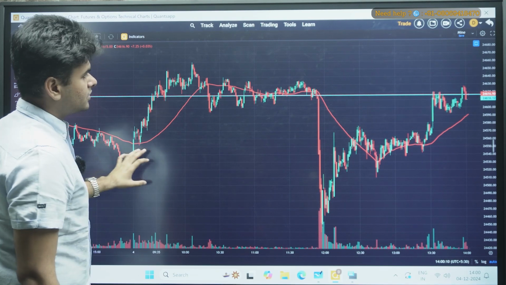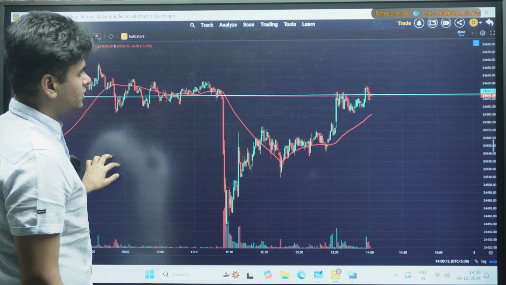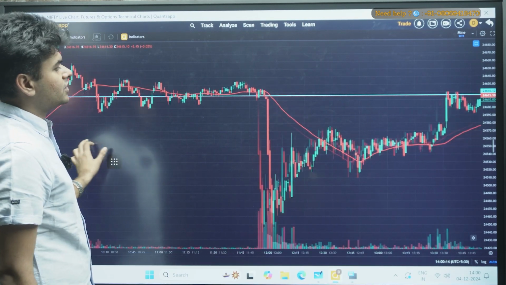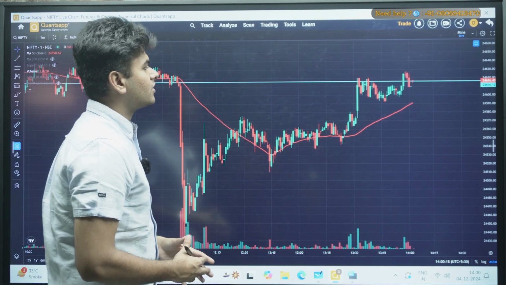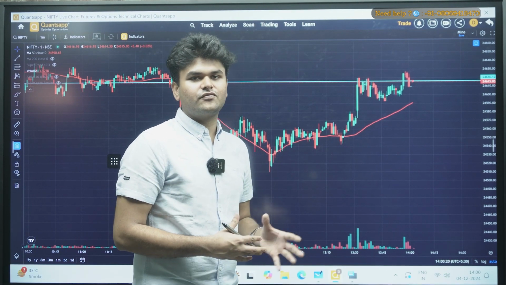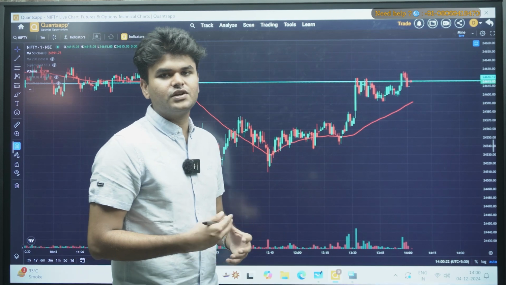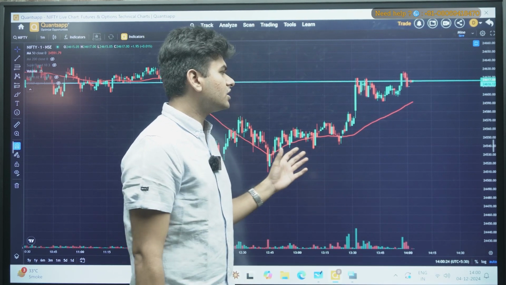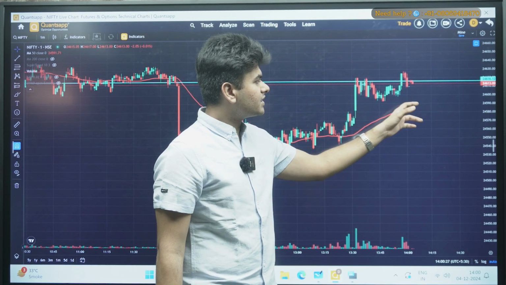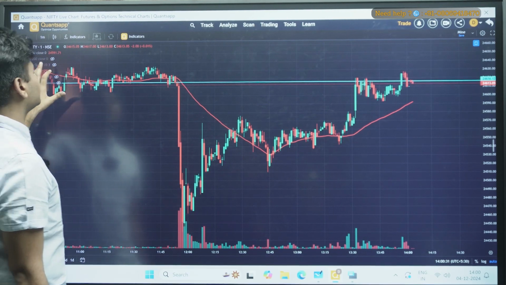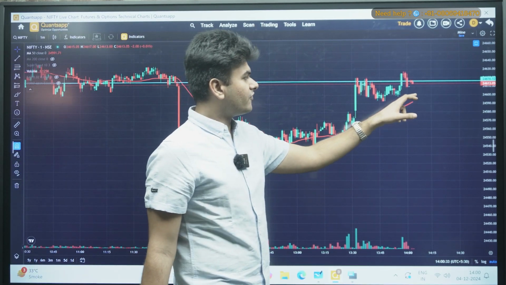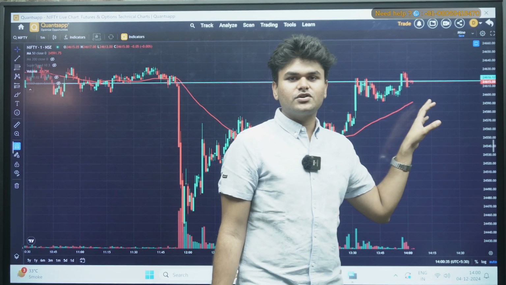Now, this is the moving average. We are seeing the moving average of 50. That means the average price of the 50 candles, you are seeing an average price, and that price is decided for you. It is showing here that 24,591 is the moving average. That is the average price which you can see.